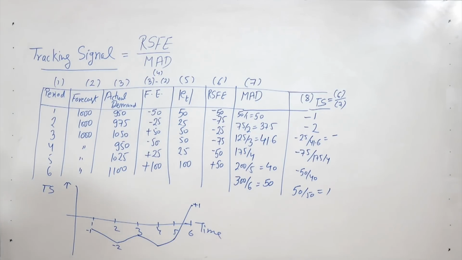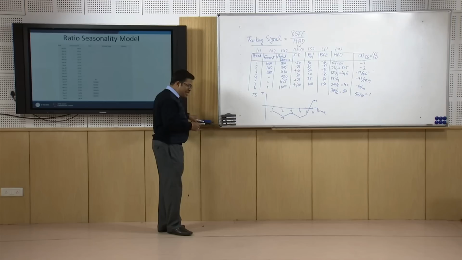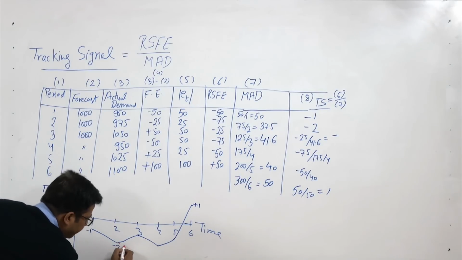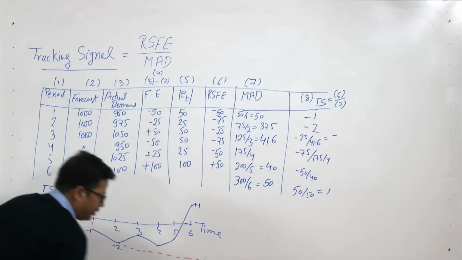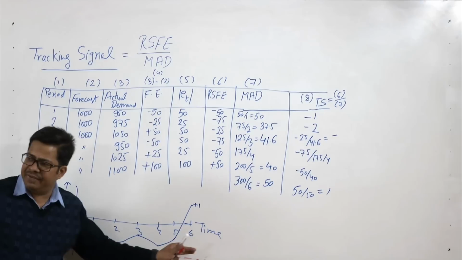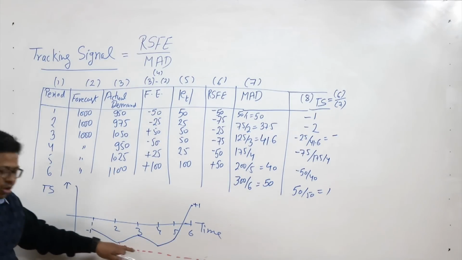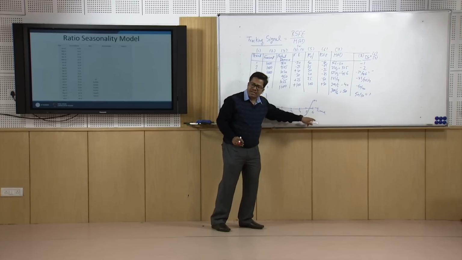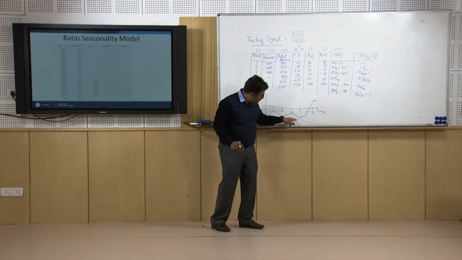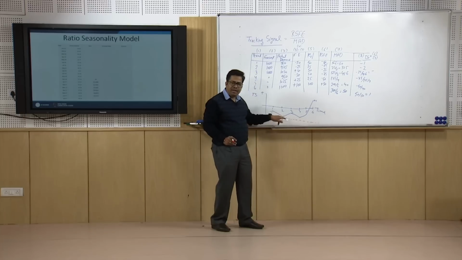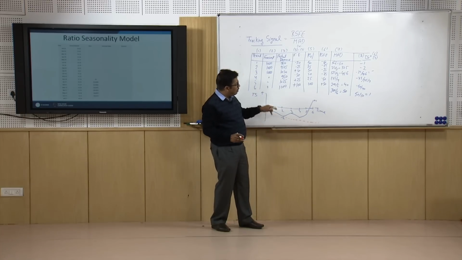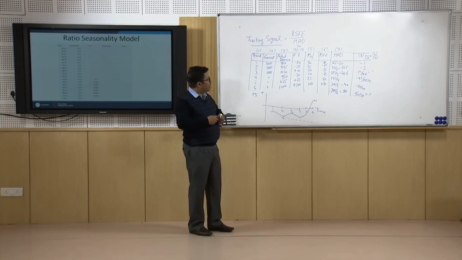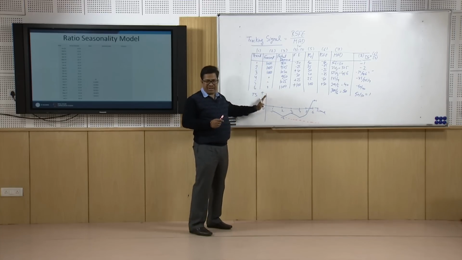But if it is like this, where you have continuously this type of data, represented by these red dots, where your forecasting model is giving you tracking signal which is represented by these red dots, that means you are all the time moving into negatives, and this means you are all the time doing over forecasting.